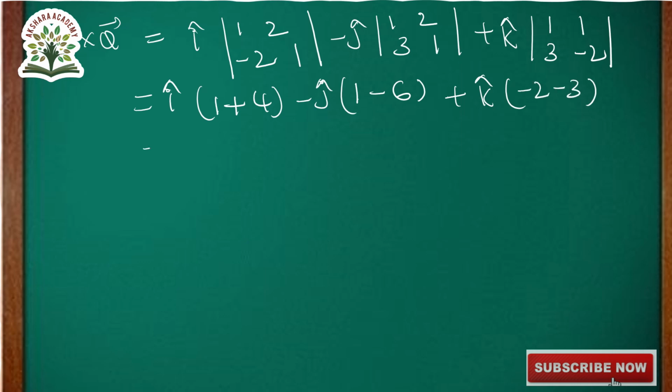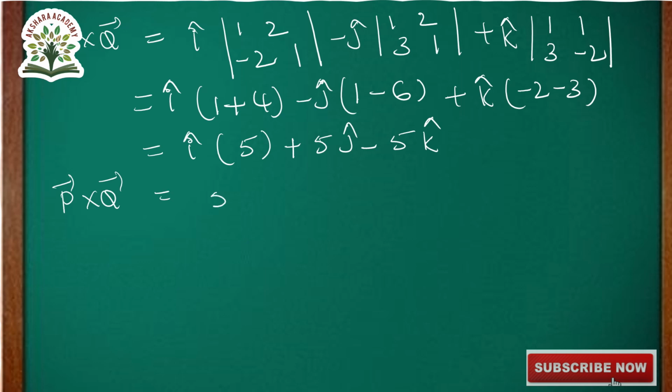So that is equal to i cap of 1 plus 4, 5, plus 5 j cap, and here minus 2 minus 3, minus 5 k cap. So now what we are getting, P bar cross Q bar is equal to 5 i cap plus 5 j cap minus 5 k cap.